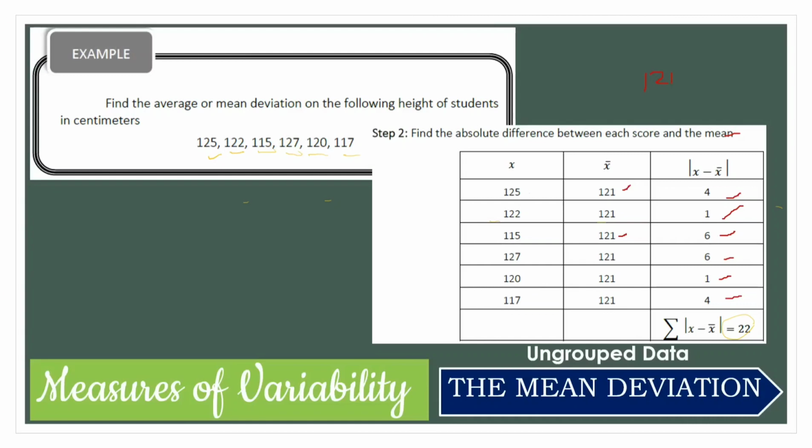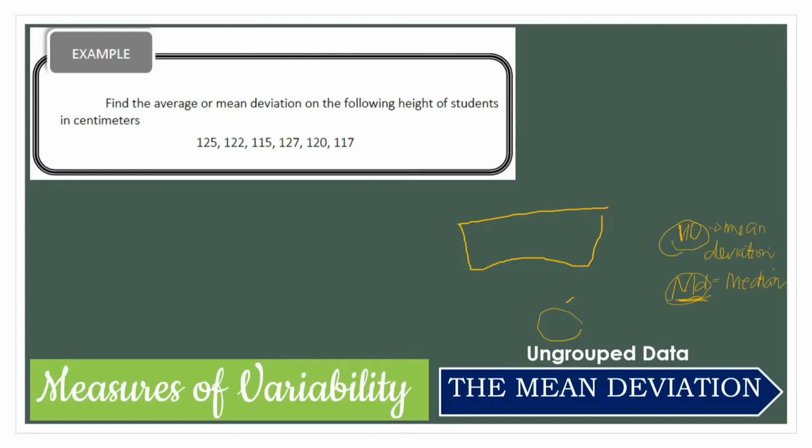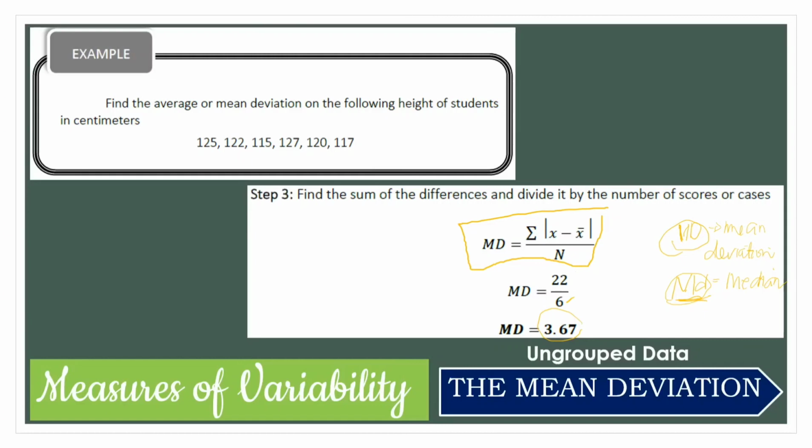The next thing we will do is add all of the differences between the value of x and the mean. 4 plus 1 plus 6 plus 6 plus 1 plus 4 is equal to 22. That is for step 2. Next, for step 3, we find the sum of the differences and divide it by the number of scores or cases.